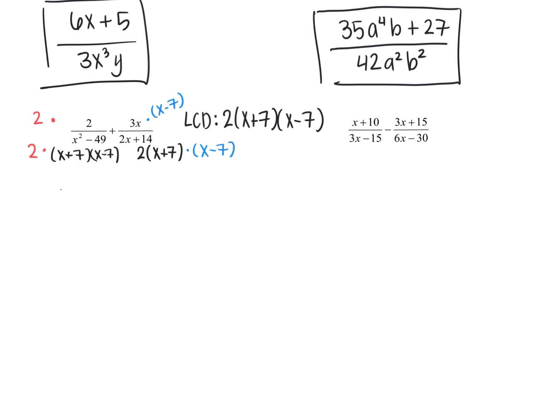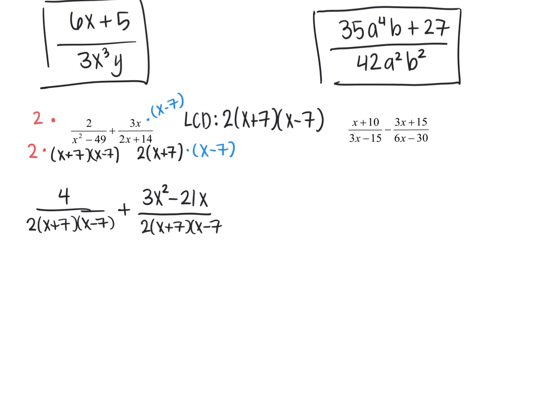So 2 times 2 is going to give us 4 over 2 times x plus 7, x minus 7, plus, now the 3x times x minus 7, I'm going to distribute. So 3x times x is 3x squared, and 3x times negative 7 is negative 21x, over the 2 times x plus 7, x minus 7.